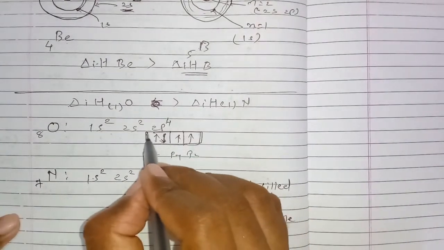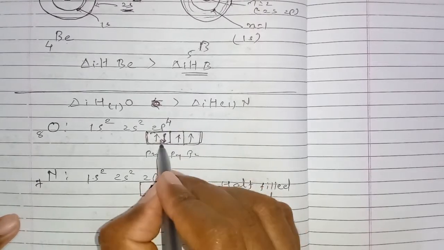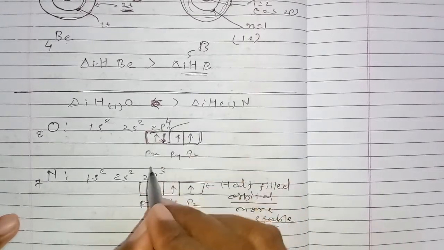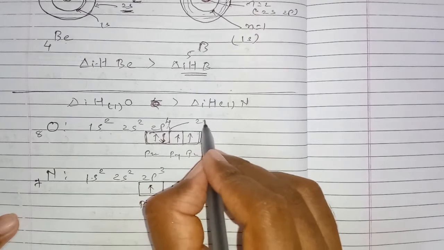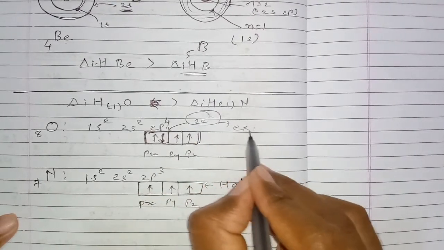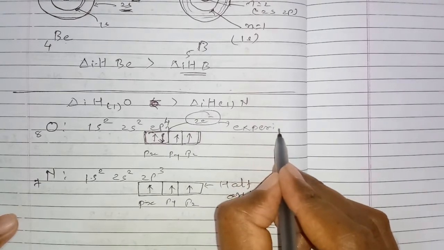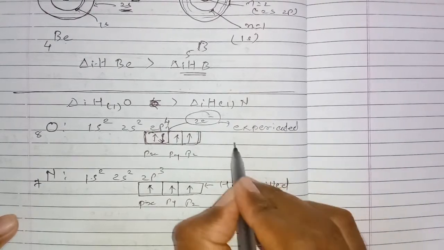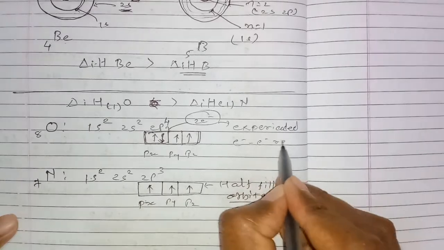So here, second thing, out of the 4 electrons, 2 electrons experience more electron repulsion.